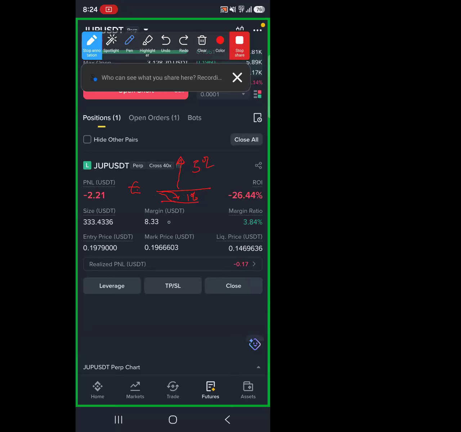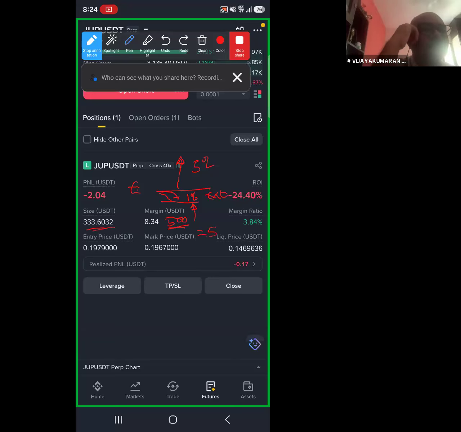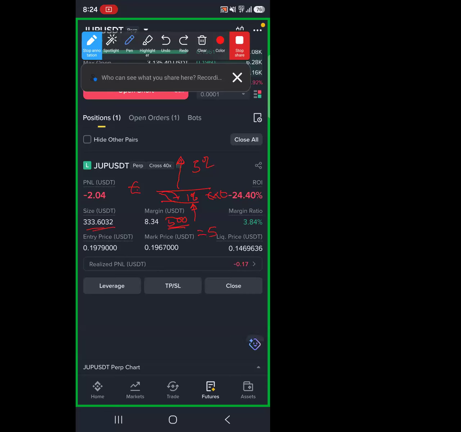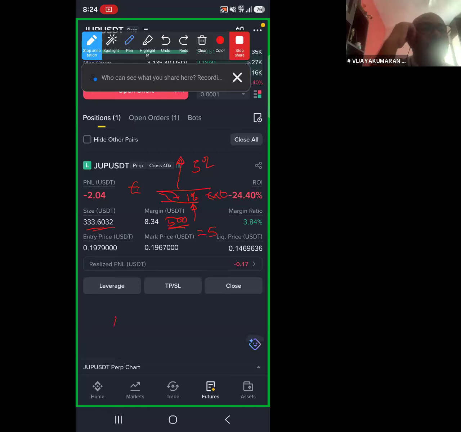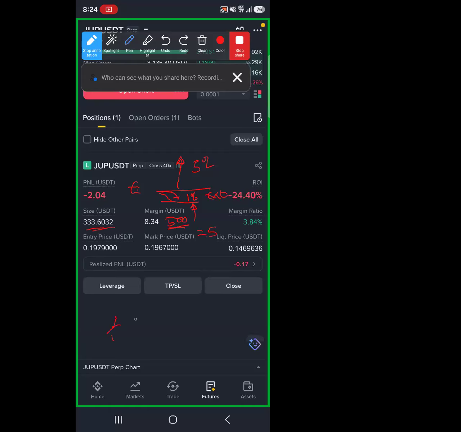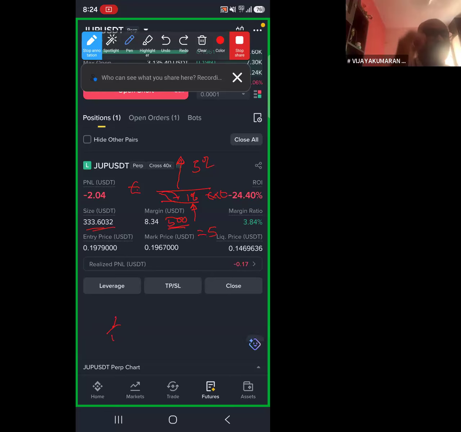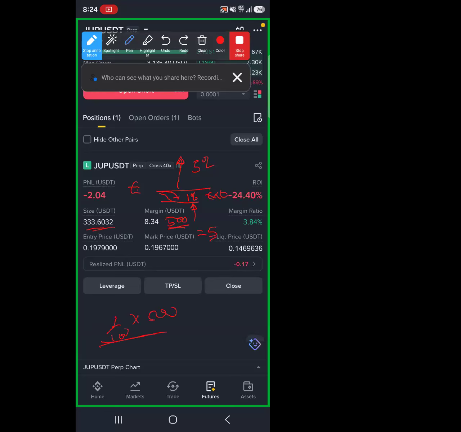But imagine maybe you had like $500. 1% of $500 as your position amount is equivalent to $5, right? Is it $5? How much is that? It is $5. Yes, bro. That means you would have lost $5.